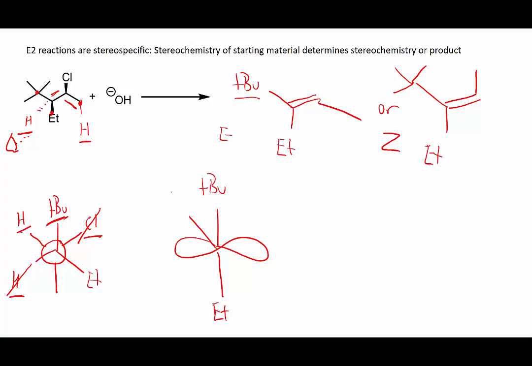So we have our hydrogen here. And the methyl group is on the same face as the ethyl. So our product will have the hydrogen and the t-butyl on the same face. So if we're looking at the examples here, that's going to be our E isomer. The hydrogen and the t-butyl are on the same face of our alkene.